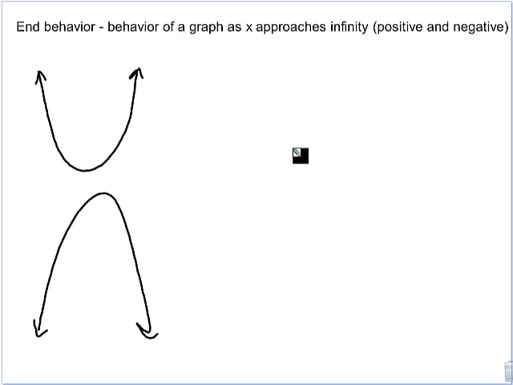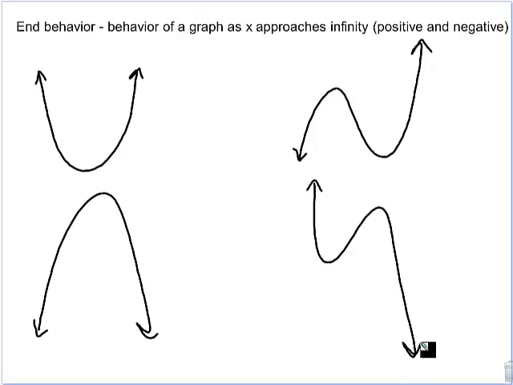We're going to take a look at 4 different graphs. And we're going to be able to tell quite a bit of information about the end behavior because of it. So these are just 4 different shapes of graphs. No big deal.